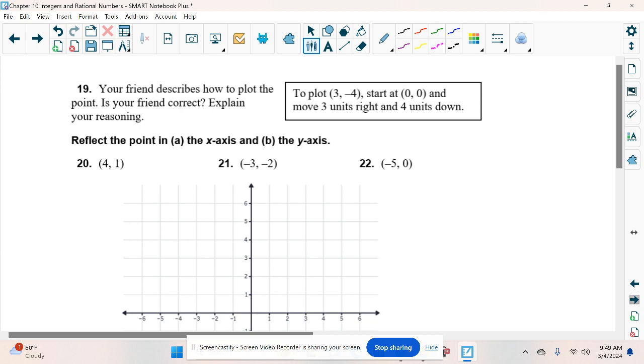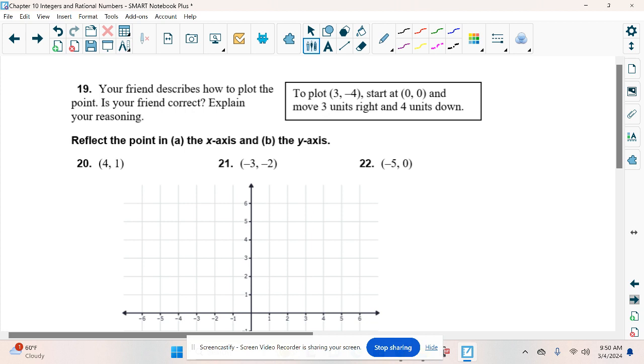All right, number 19. If you flip it over, your 19 is on the same page. It says your friend describes how to plot the point. Is your friend correct? Explain.